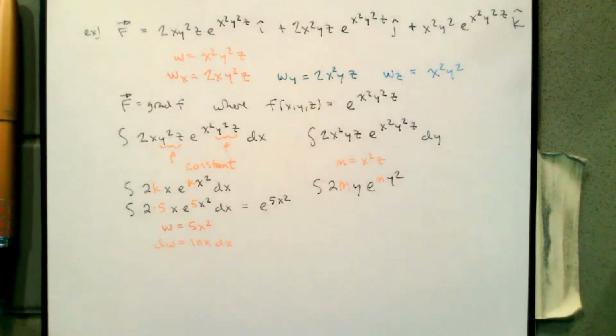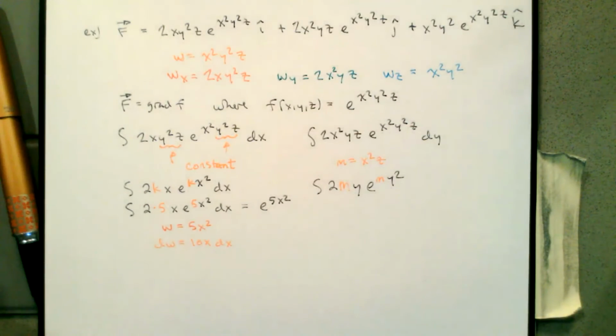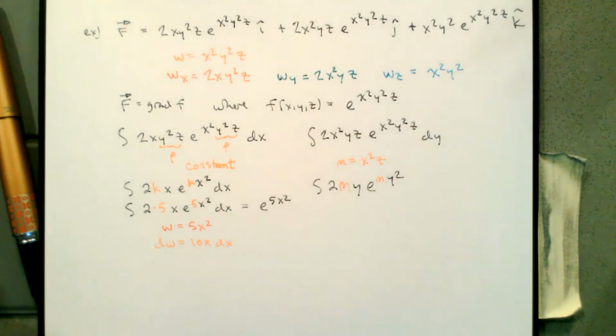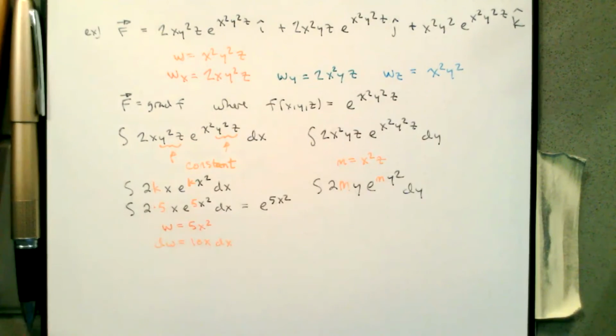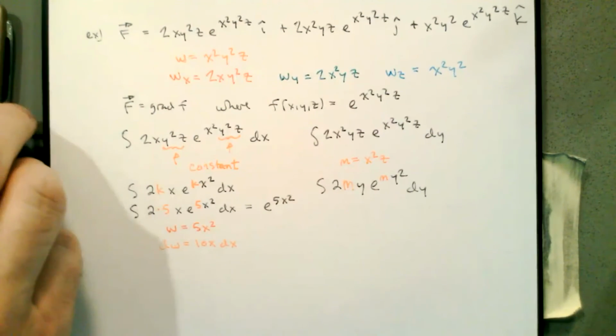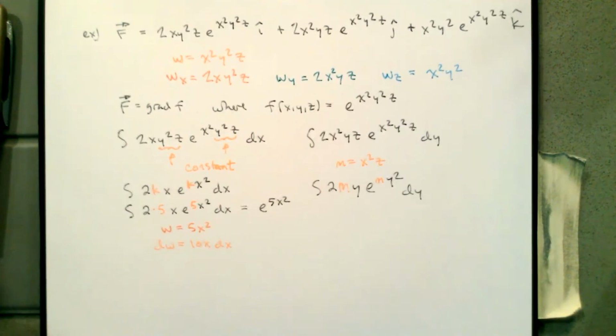M is just x squared z, which is all constant with respect to y, dy. We're just doing our old partial derivative thing. That's the derivative with respect to y. So x and z are just constants.